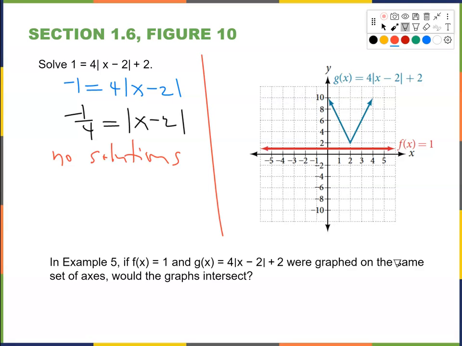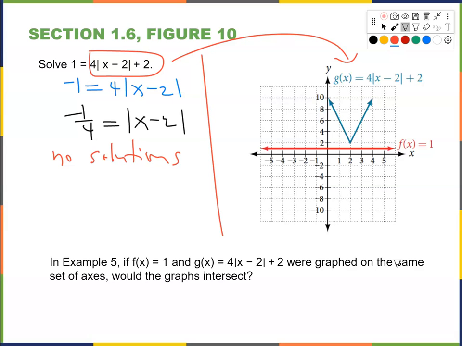The right side of this equation, 4 times the absolute value of x minus 2 plus 2, if we graph it, it's an absolute value. Look at the transformations here. X minus 2, meaning that is 2 to the right, up 2, and you have the stretch factor of 4.